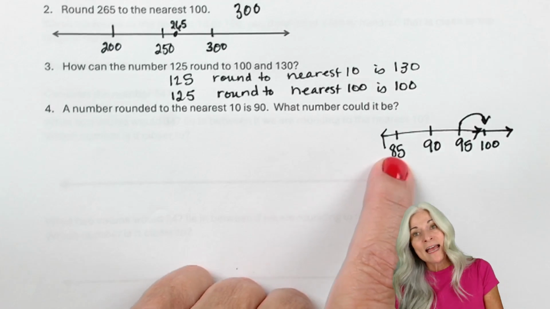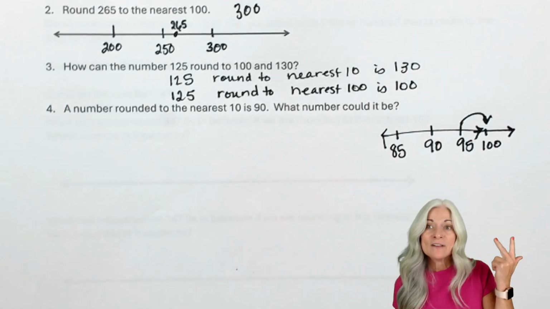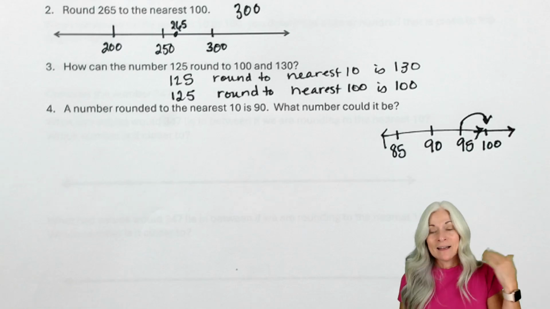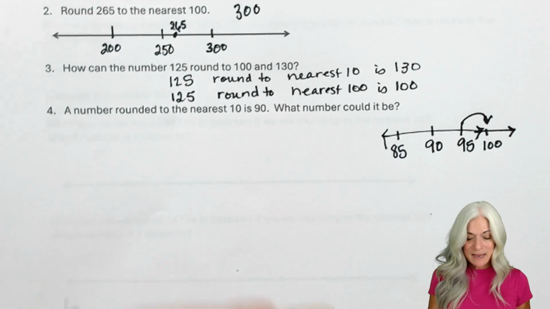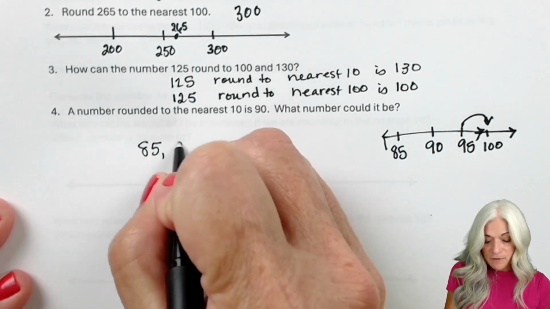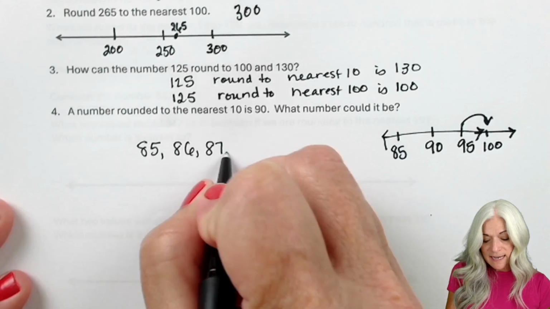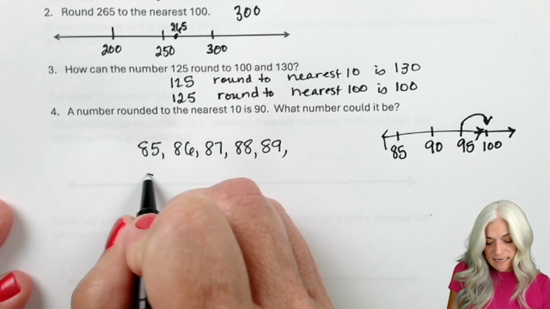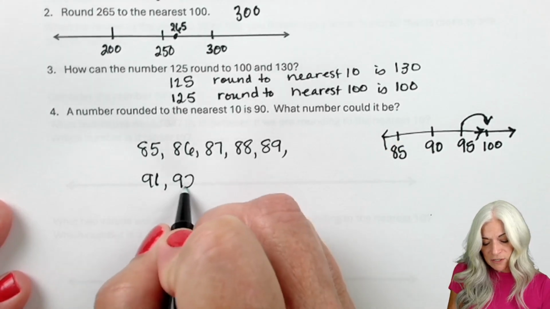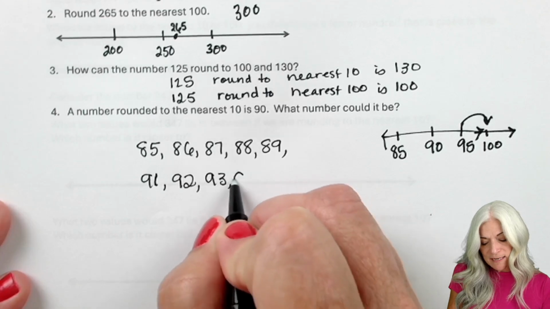So anything 85, 86, 87, 88, 89, of course 90 would round to itself, 91, 92, 93, 94. We could write all of those out: 85, 86, 87, 88, 89, 90, and then 91, 92, 93, 94.